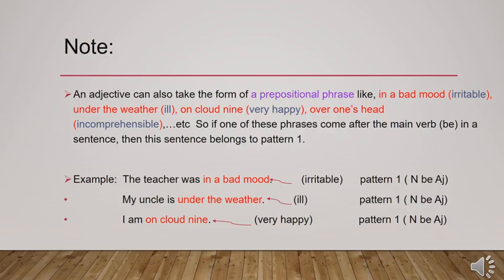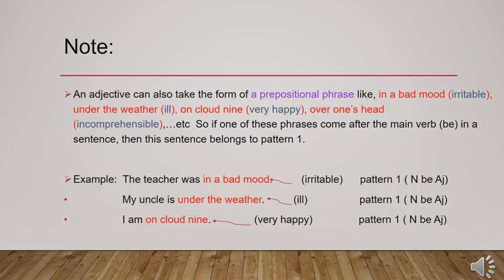But this prepositional phrase acts as an adjective. So, if we have a prepositional phrase that acts as an adjective, that has the meaning of an adjective, we can put it in the third position of pattern number 1 because it is an adjective, although it takes the form of a prepositional phrase.